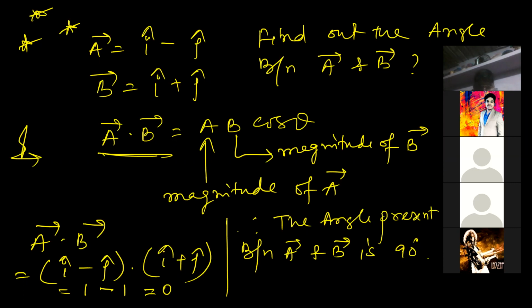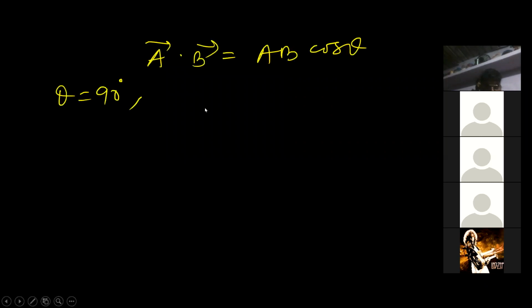Okay, is it clear? Yes, sir. If the angle is 90 degrees, I can directly say that the dot product should be 0, because we know that A vector dot B vector equals A B cos theta. For theta equals 90 degrees, A dot B equals A B cos 90.